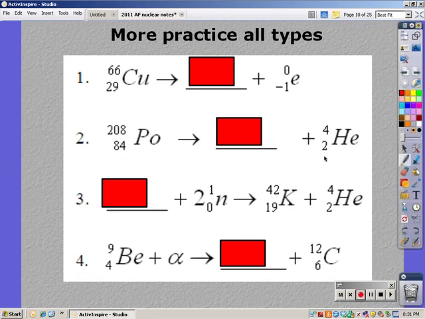When you have a coefficient in front, you just multiply everything behind it. So that's 2 times 1 is 2, and 2 times 0 is 0. And then for number 4, just make sure that you write what an alpha particle is. Pause the video and try these on your own. Restart when you have these 4 done.